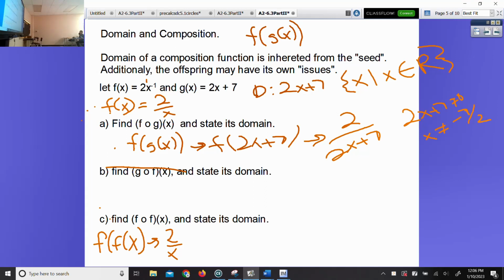If I composed f from itself, I would start writing down f of x, which is a 2, and then I would encounter an x, wouldn't I? And f of x is 2 over x. What am I supposed to replace that x with? 2 over x. This is what I get: 2 divided by 2 divided by x. Clean that up. Every fifth grader knows how you divide by a fraction.